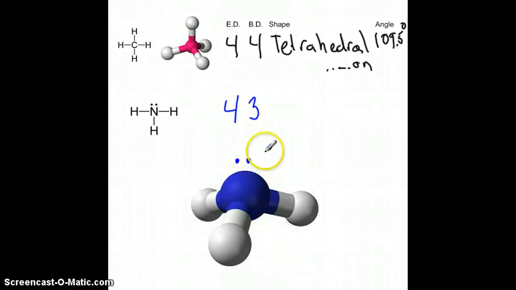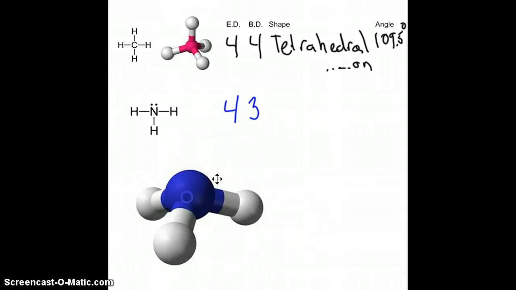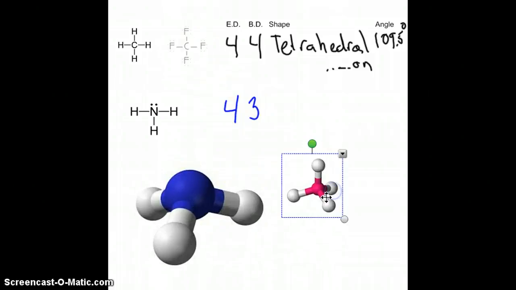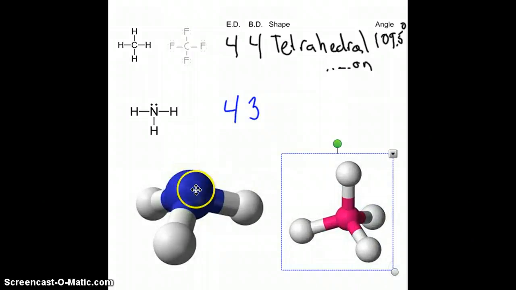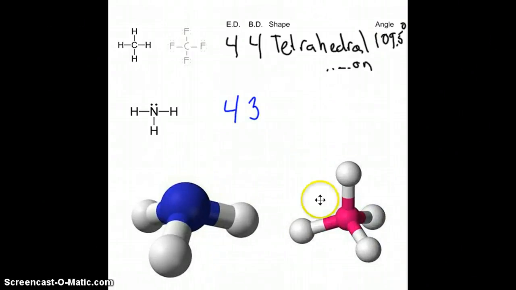So if we take a look at this and compare it to the tetrahedron, I'll bring this back down and we'll really compare it. This looks almost like the tetrahedron, just without this top piece. And that gives it the name of its shape, or its geometry, and that is going to be pyramidal.